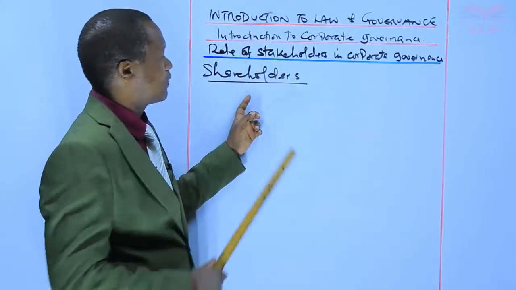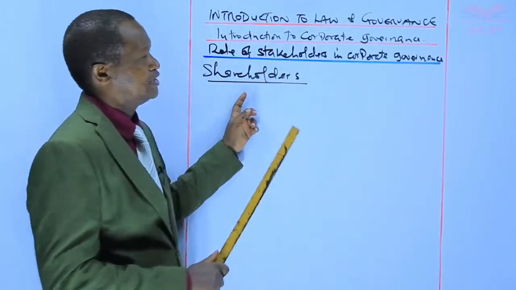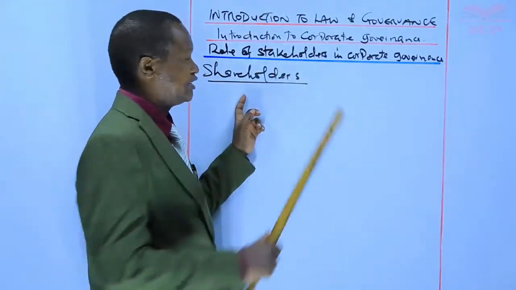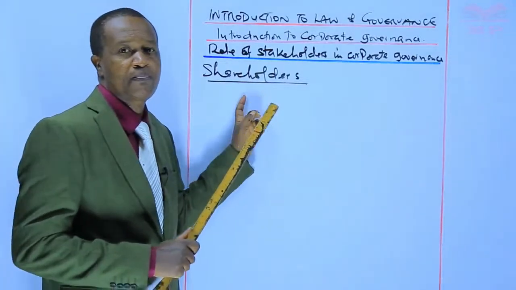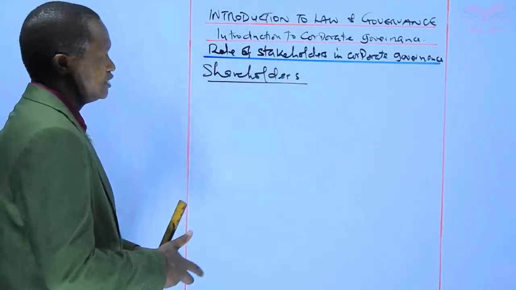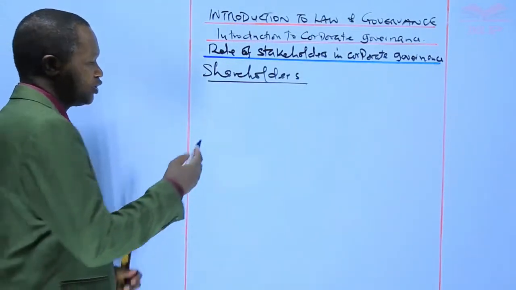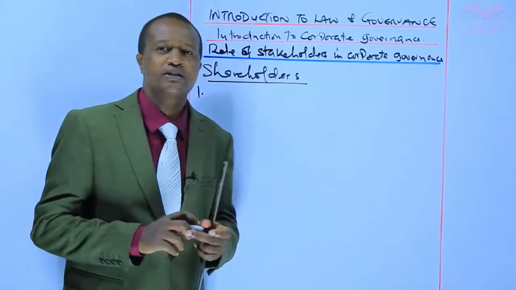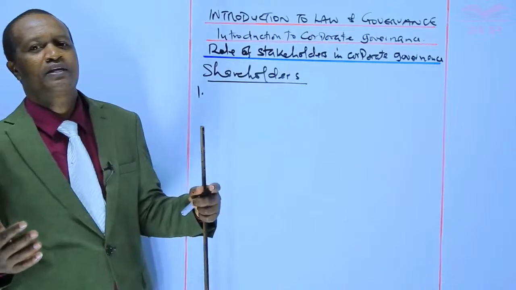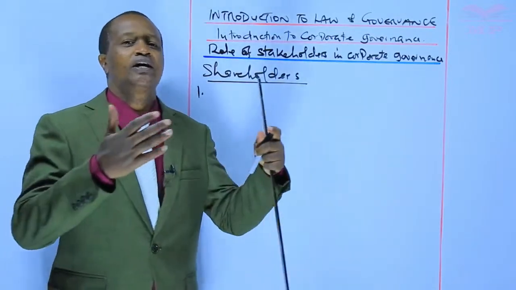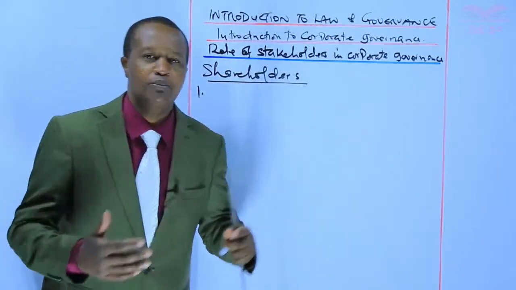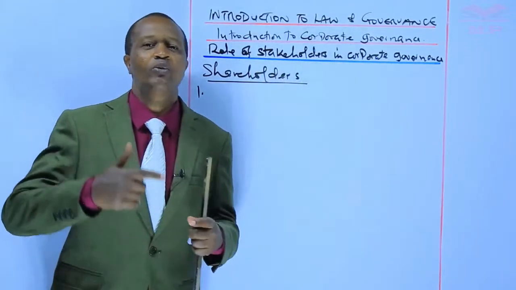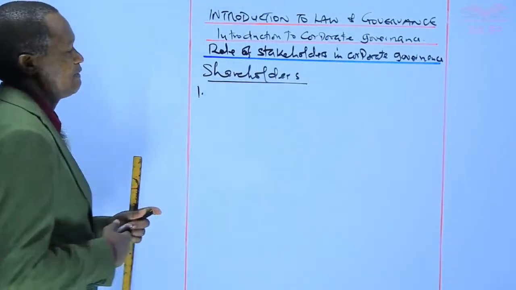So what is the role of the shareholders in directing and managing a corporation? Number 1, shareholders have a role to ensure that the directors who are appointed are persons that are competent and reliable, persons who can add value to the company when elected or appointed.